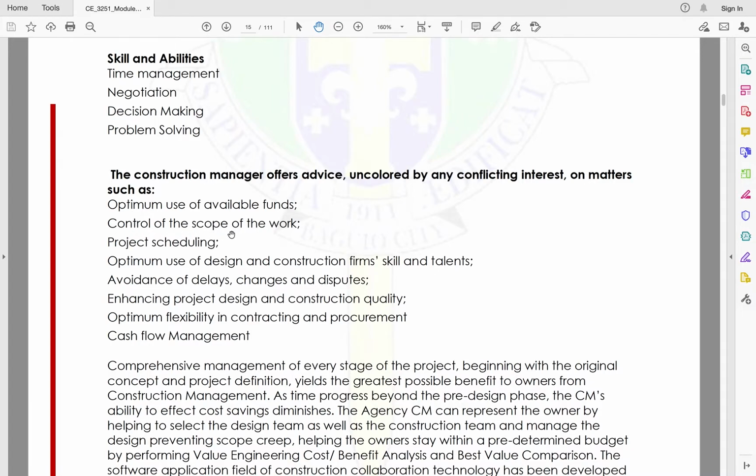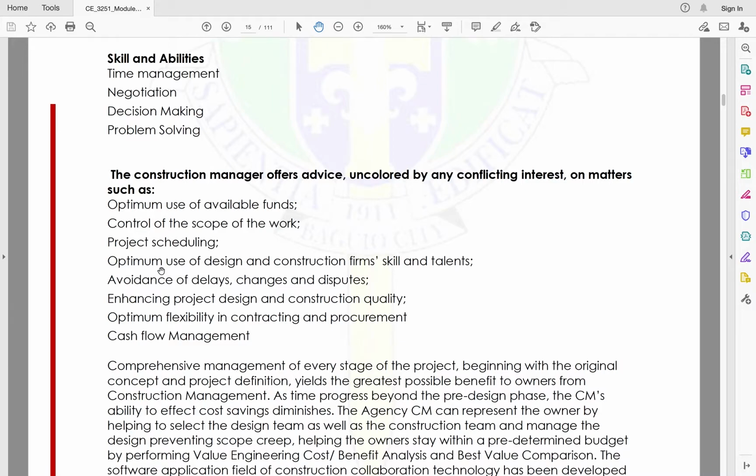Control the scope of the work. So you should also be offering advice on the control of the scope of the work. Next is the project scheduling. So you should also have say on the project scheduling so that we can meet our desired goal.